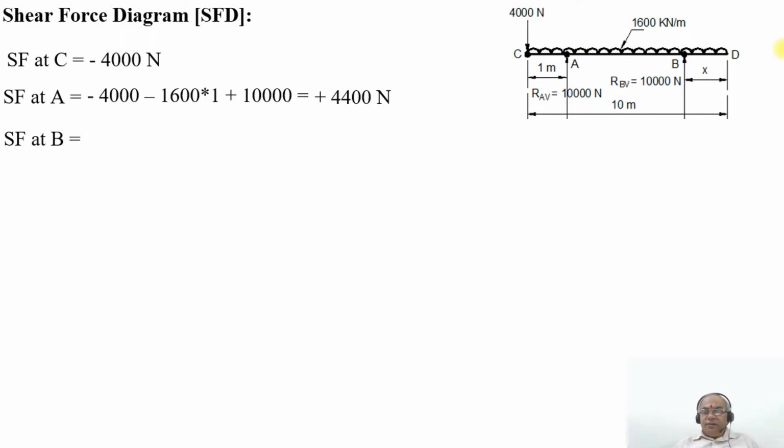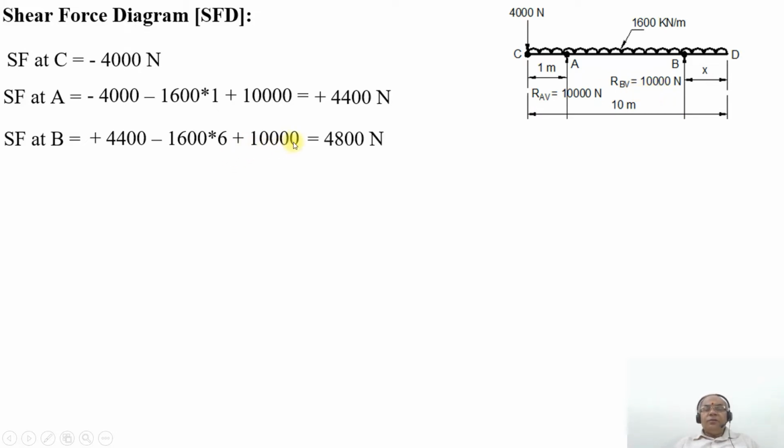SF just on the left hand side of B will be plus 4,400 minus 1,600 into 6, because the distance from C is 4 meters and 10 minus 4 is 6. That is the shear force between A and B. At the point B, because the load acts upwards, it will be plus 10,000.